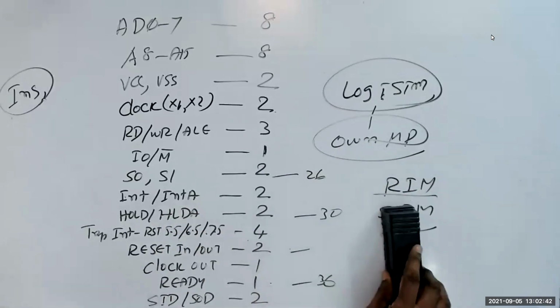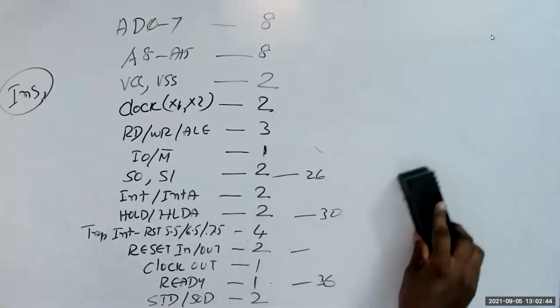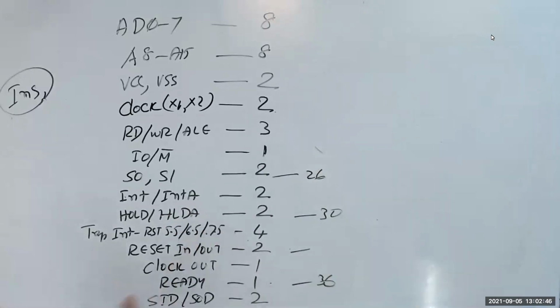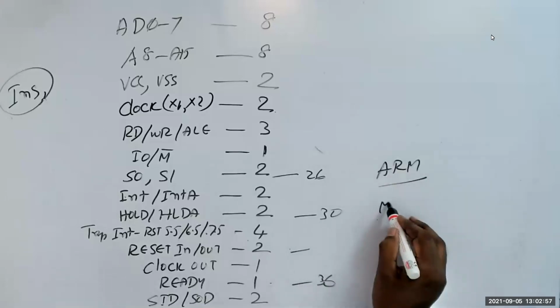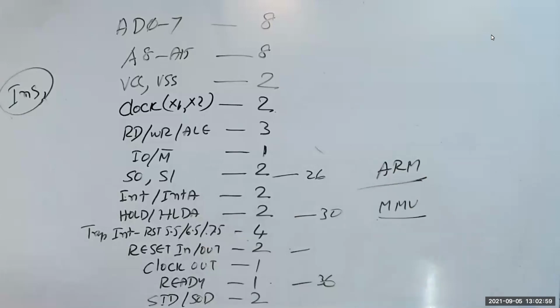Oh, all these memories are physical. There's nothing called virtual here. You cannot do MMU with this. That is only for high-end processors. These are all physical. MMU we'll discuss later, when I discuss ARM. I'll discuss the MMU interface, not now. 8085 is a very simple processor.